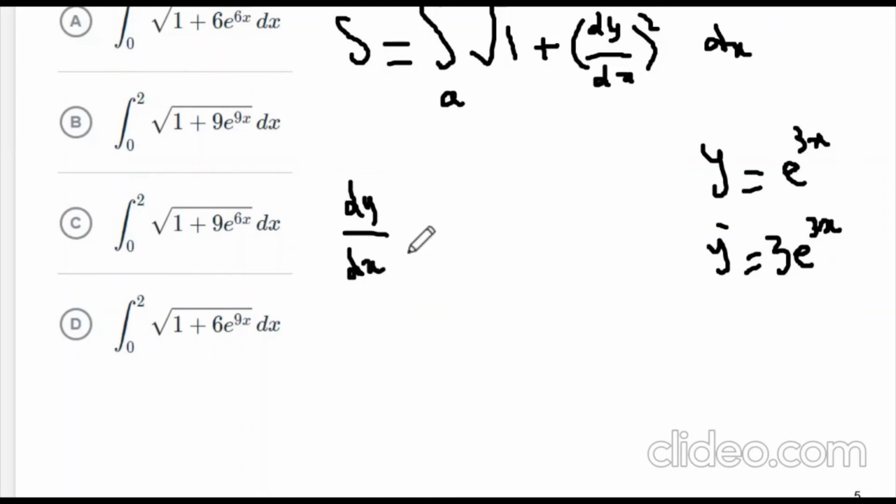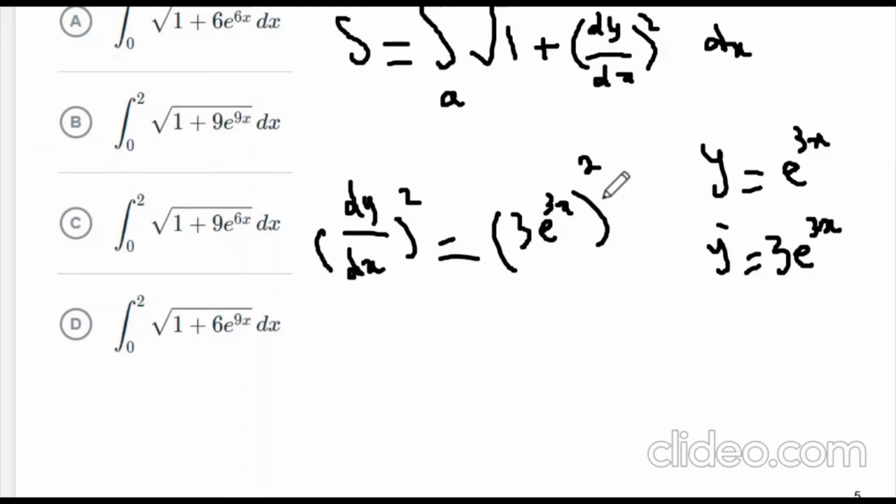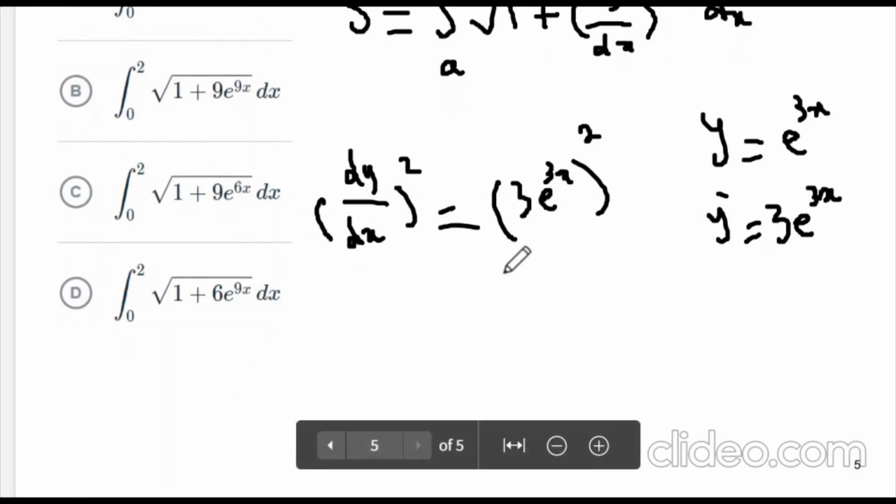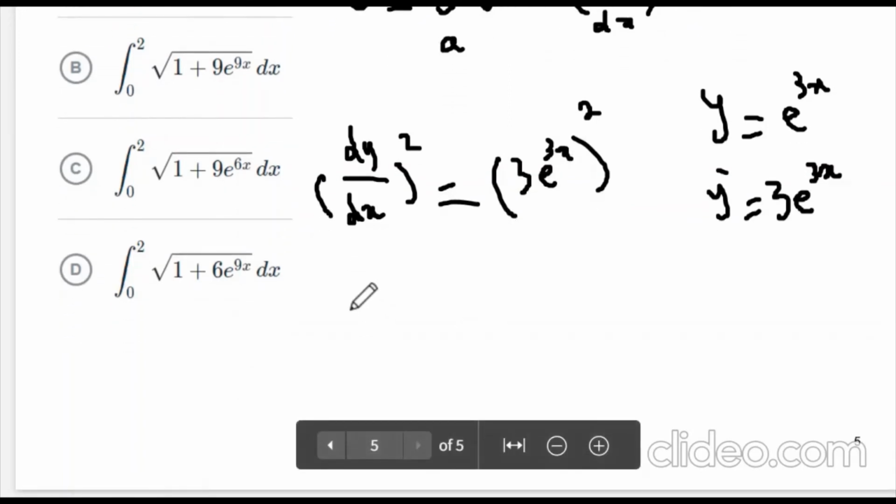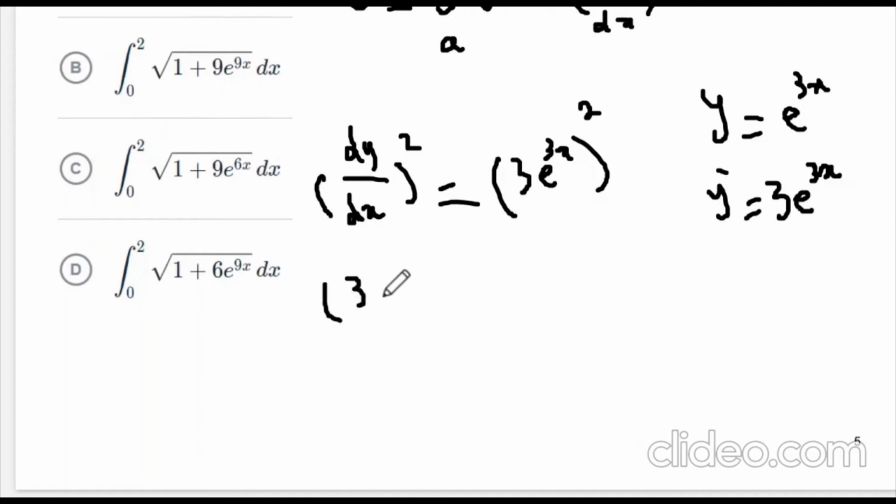So dy over dx, which is the derivative squared. So we found the derivative, which is 3e to the power of 3x, and I'm going to put it squared. And now I'm going to multiply it by, I'm going to use the 2 with the 3 and with the e to the power of 3x. So 3 squared and e to the power of 3x squared.